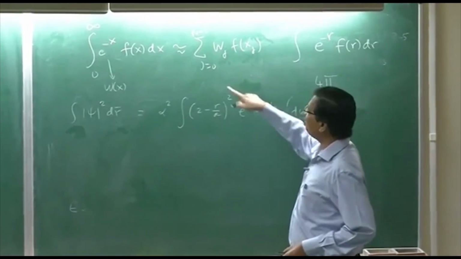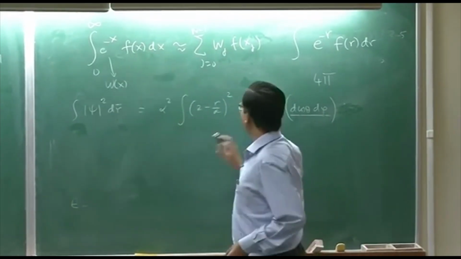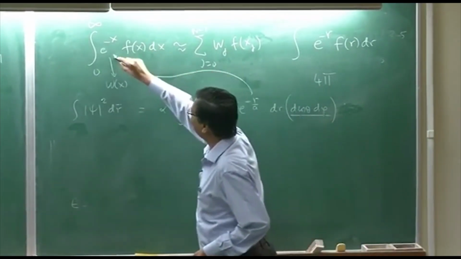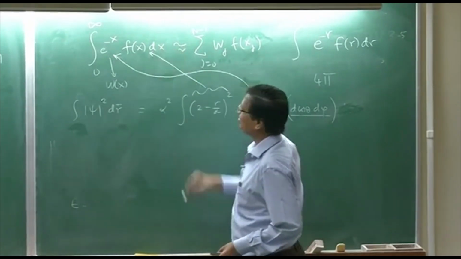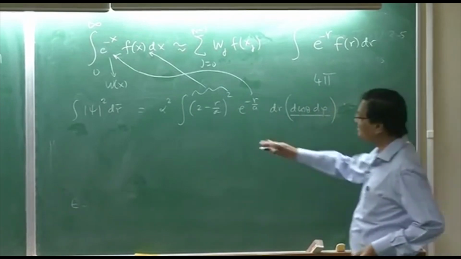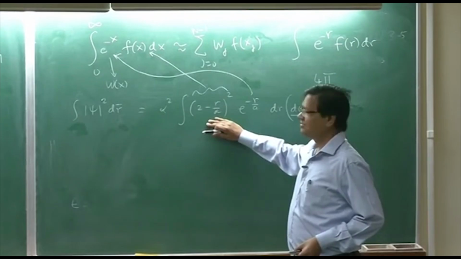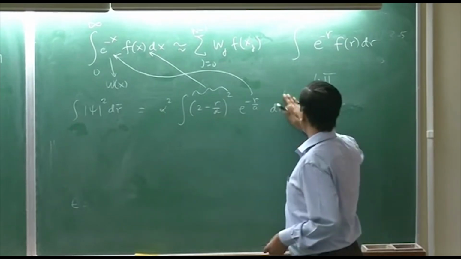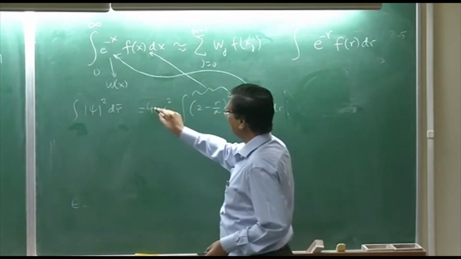Somebody told me that you can use these formulas. So this will correspond to that, and f of x will correspond to this. I have to compute this function at the abscissas. You are basically left with the dr integral with 4 pi coming outside.